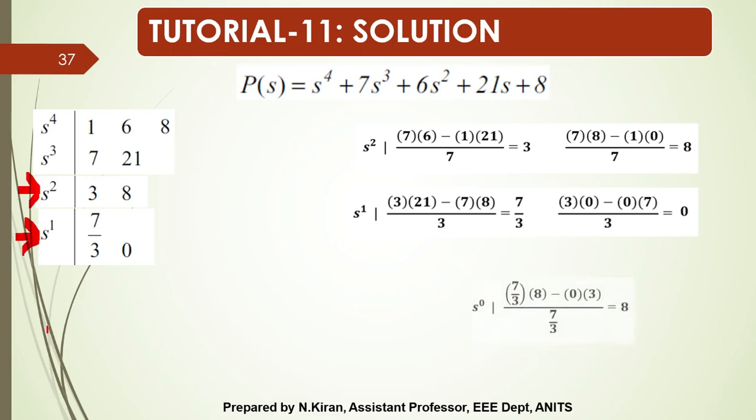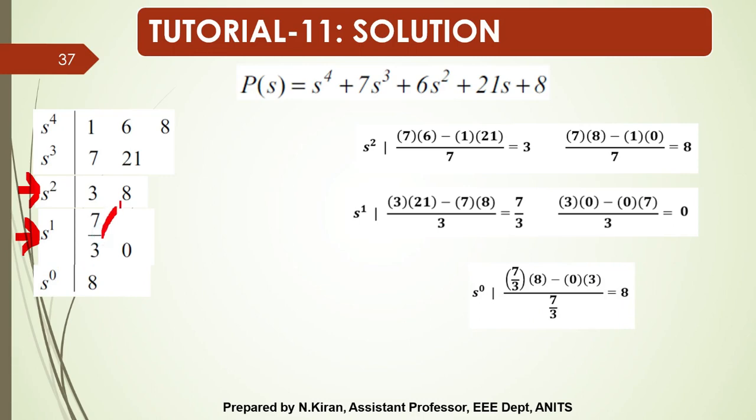Using the formula, s power 0 is 7 by 3 into 8 minus 0 into 3 divided by 7 by 3, which gives the first element in the row corresponding to s power 0, which is 8. We will not get any other terms because there are no terms in the s square and s power 1 rows.